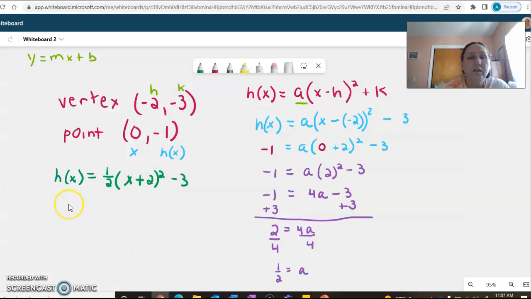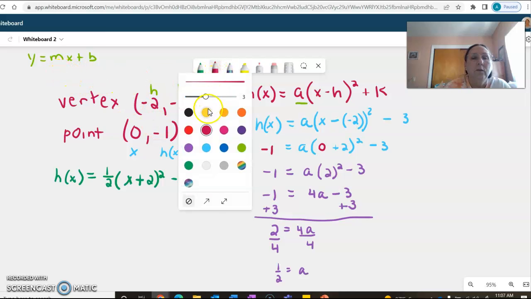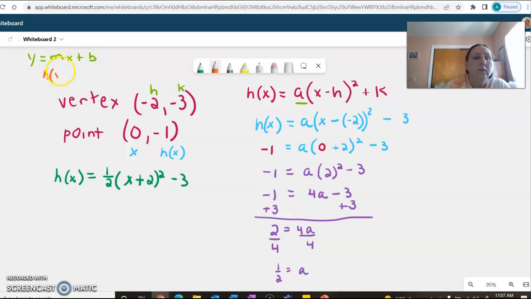We have to change this so that it's ax squared plus bx plus c. So the general form, let's write that out. Okay, the general form was h of x equals ax squared plus bx plus c. So we're going to rewrite this. We're going to solve this out so it looks like this.